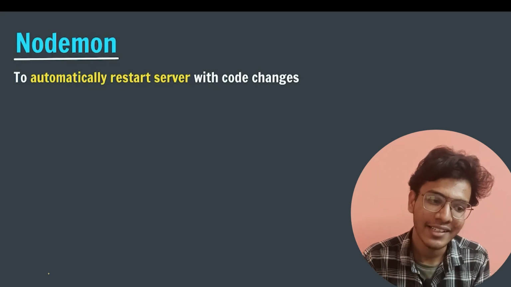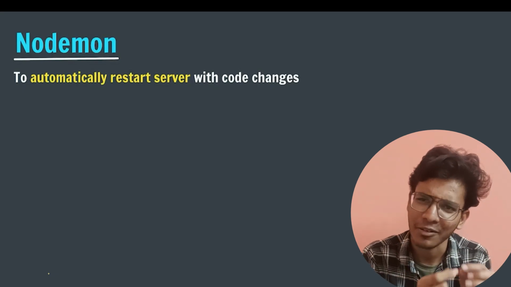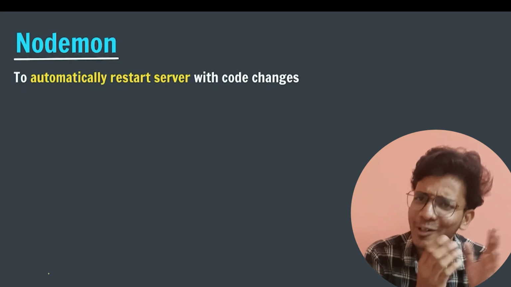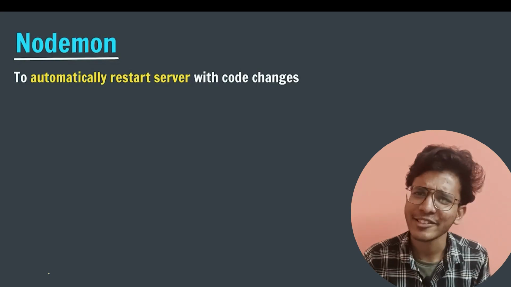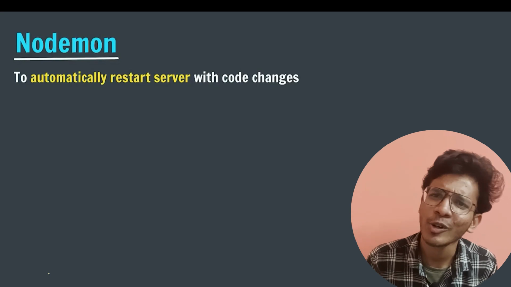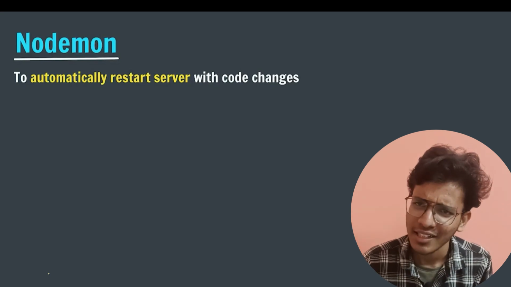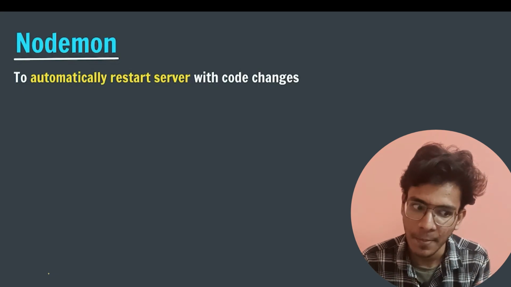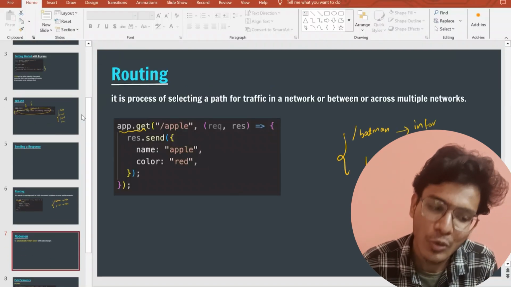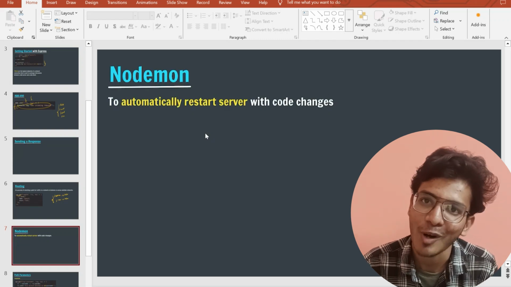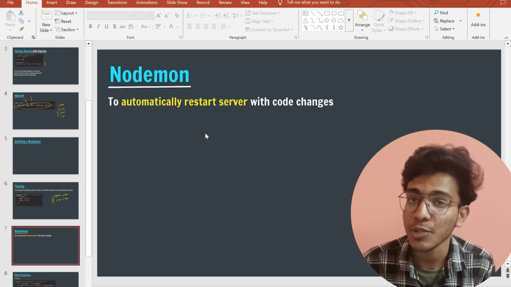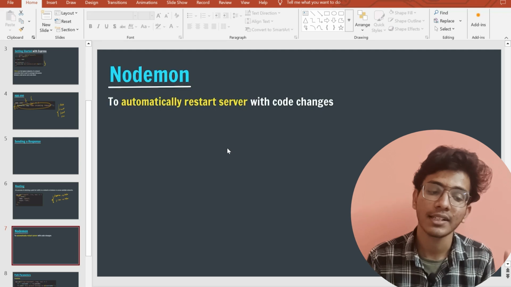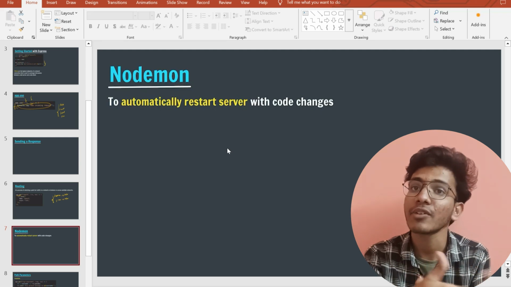Let's say I'm changing a line, and for that particular line again I have to restart my server, again I have to write node index.js. I don't want to do extra work. So to tackle this problem, we have a new package called Nodemon. Nodemon is also a package based on Node.js, and what it does is it will automate the server restart process.